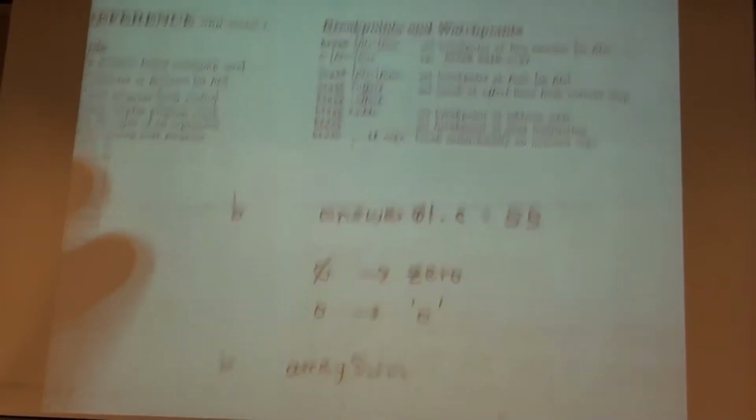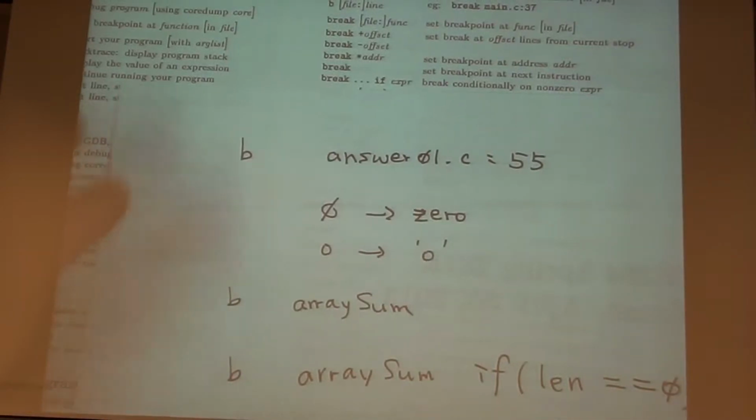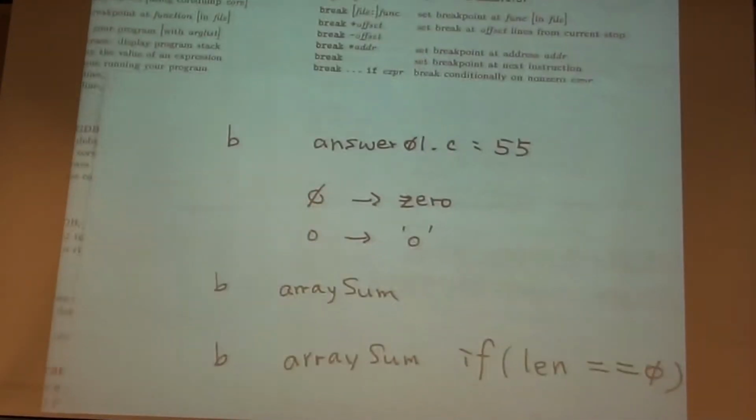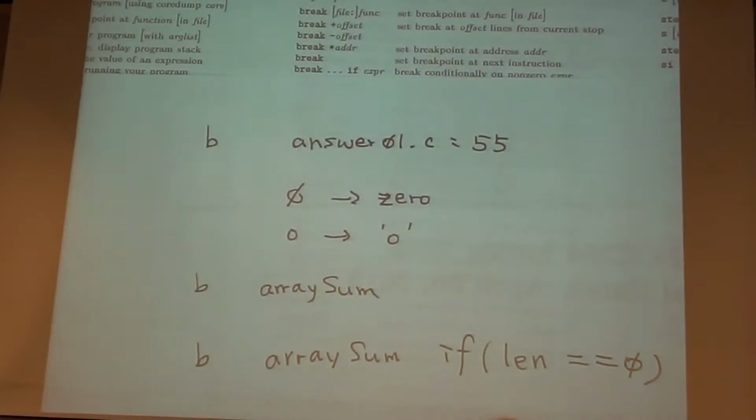For example, you can say if, let's say, length is 0. In that case, even though you have a breakpoint, the breakpoint will be ignored if length is not 0. That way you can be more efficient in debugging.